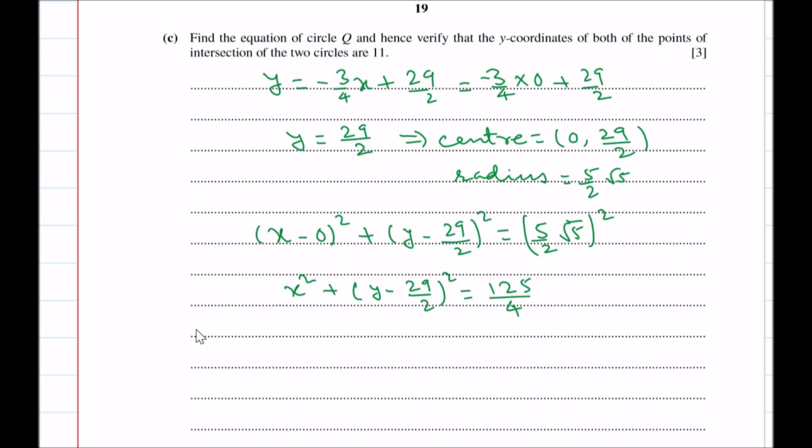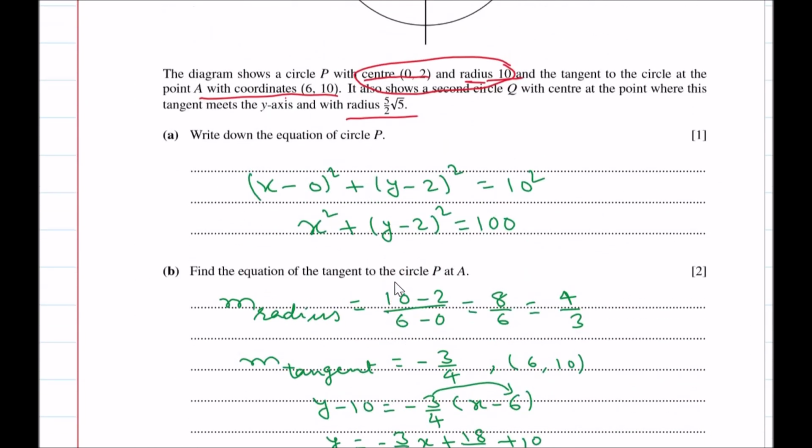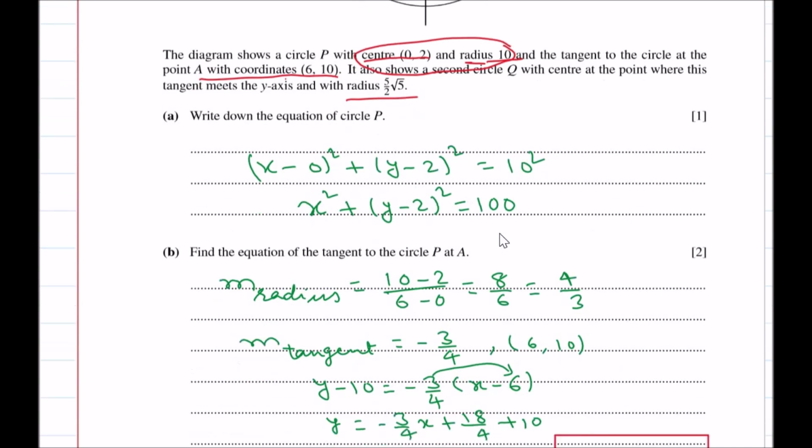So when y equal to 11, we will substitute in the first equation, the equation of circle P. So x square plus y minus 2 whole square equal to 100.